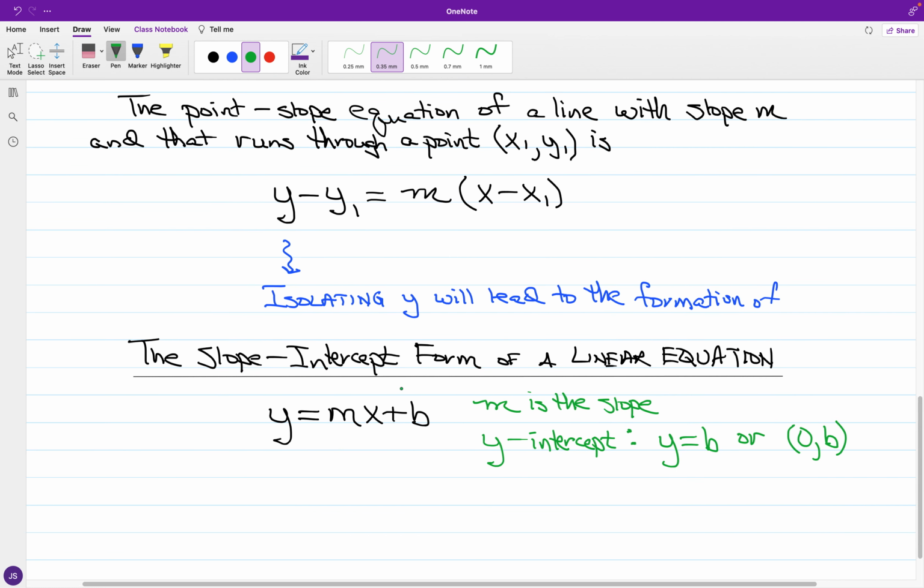Let's say we're looking at determining both types of equations.